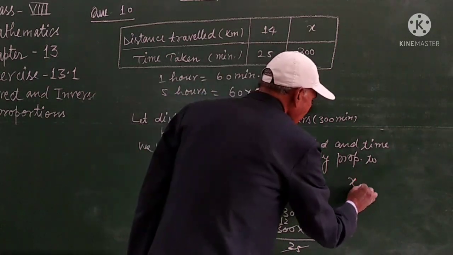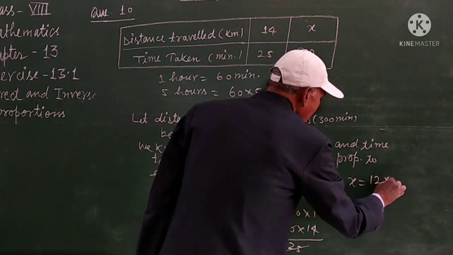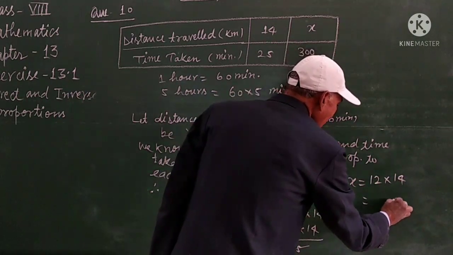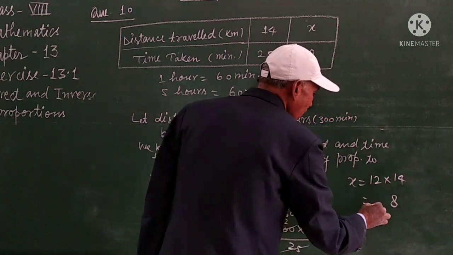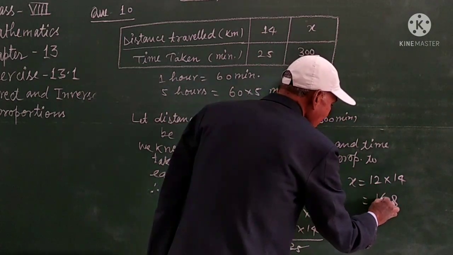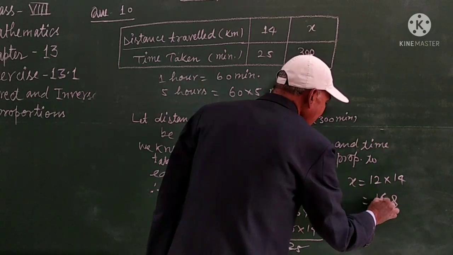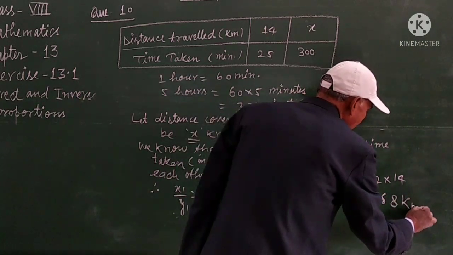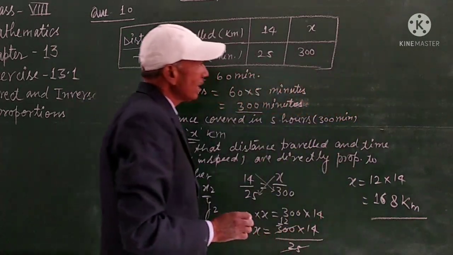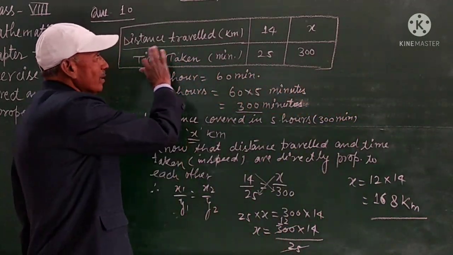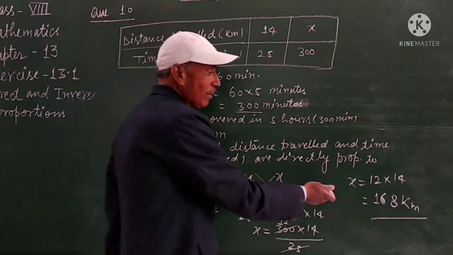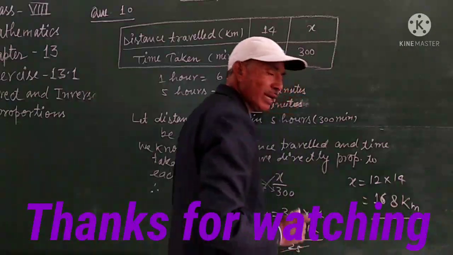So x is equal to 12 into 14. So 14 2s are 28, 14 1s are 14, and 2 is 16. This one is 168 kilometer. When the time taken by that loaded truck is 5 hours, then it will cover 168 kilometer.